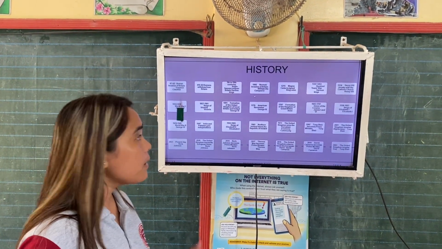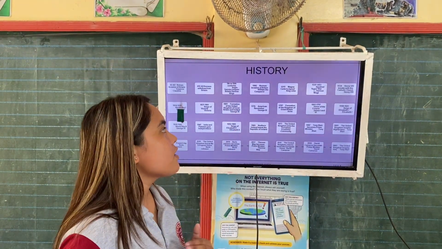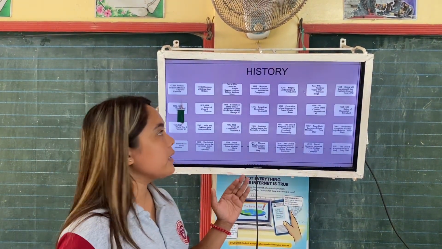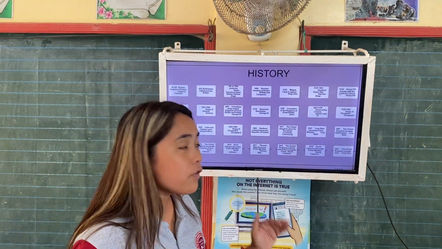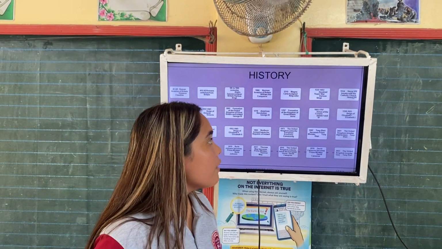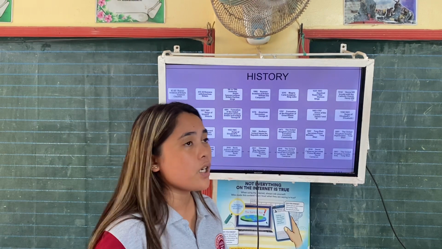In 1215, Magna Carta is signed by King John. In 1337 to 1453, the Hundred Years' War, various kings. And then by 1534, Henry the Eighth breaks with the Catholic Church.